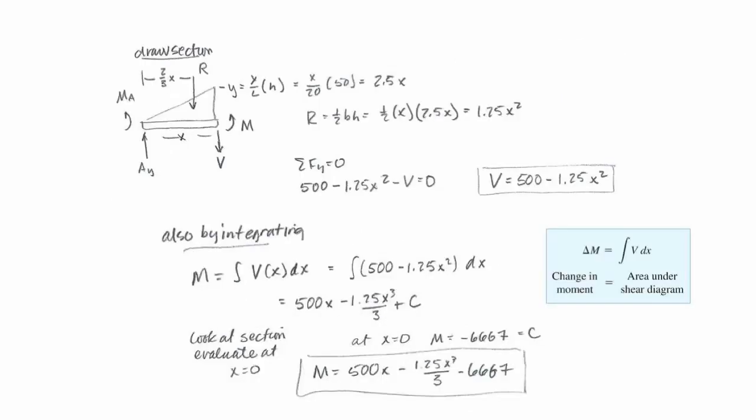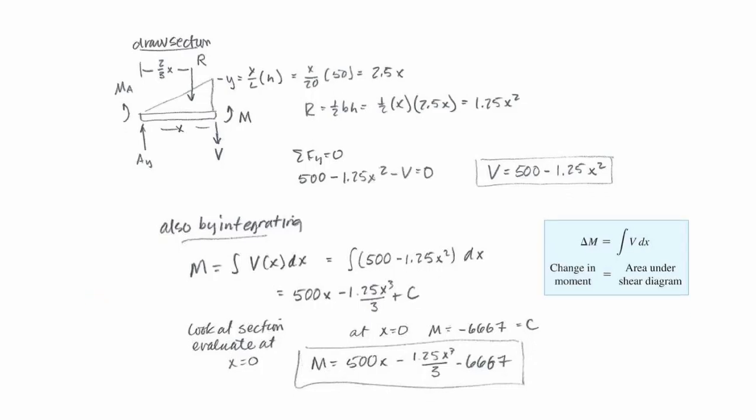Another way of discovering the moment equation is to integrate the shear equation. From our prior work, we have our shear equation, and from our textbook, we have this little graphic. It says that the change in moment is equal to the integral of shear as a function of x dx. So let's go ahead and do that.